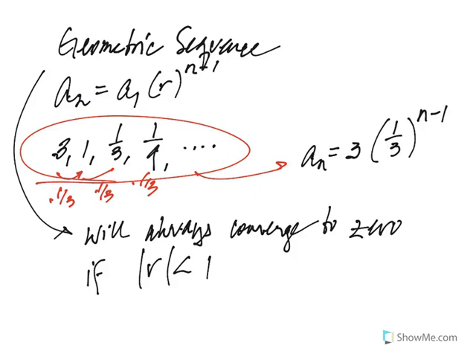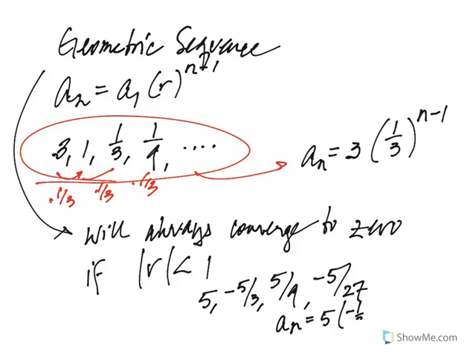Like for instance, if I have 5, negative 5/3, positive 5/9, negative 5/27. In this case, I would write it as a sub n is equal to 5 times negative 1/3 to the n minus 1. This will still converge to 0 because the absolute value of my ratio there is less than 1, just as it is up here. So both of these sequences will converge to 0.